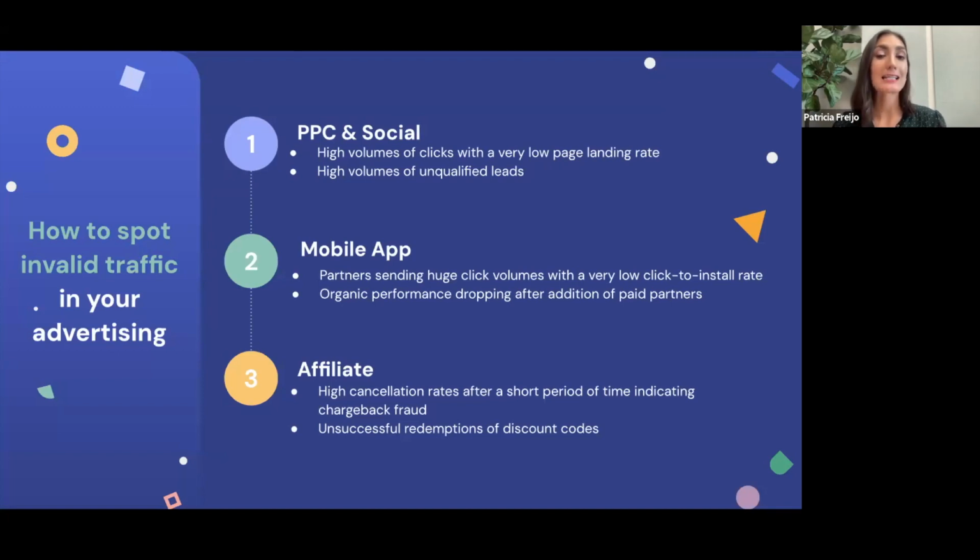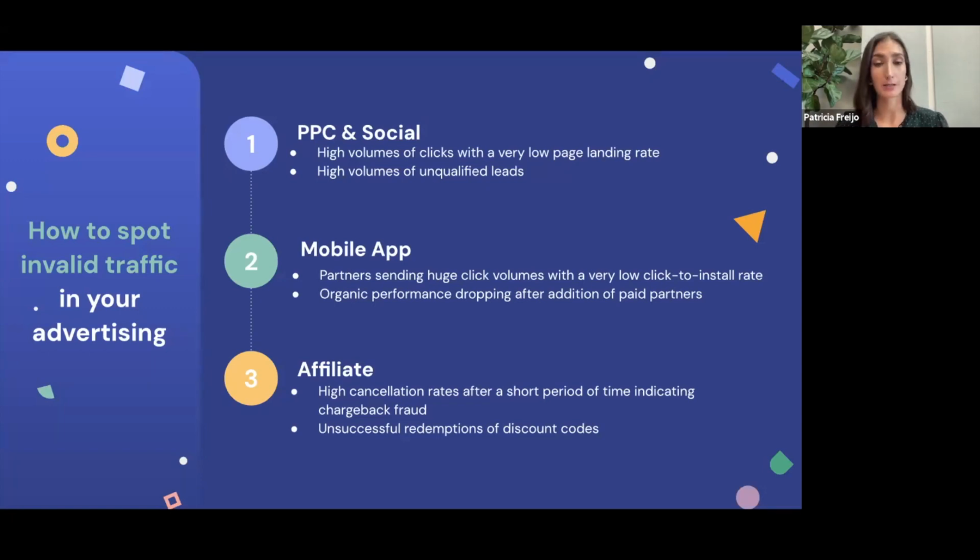Another common one is high volumes of unqualified leads. So these bots, they can actually do whatever action you're asking them to do. So fill in a form, request for information, they can complete these actions, but obviously they're not real people, so they're never going to be qualified leads for your business. So across Google Ads and social, those are two things to look out for.